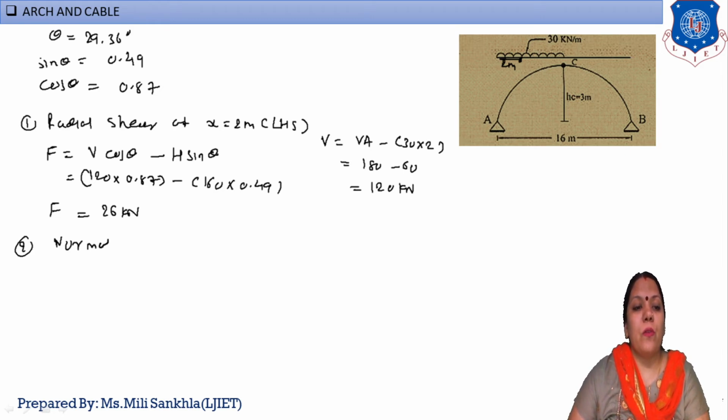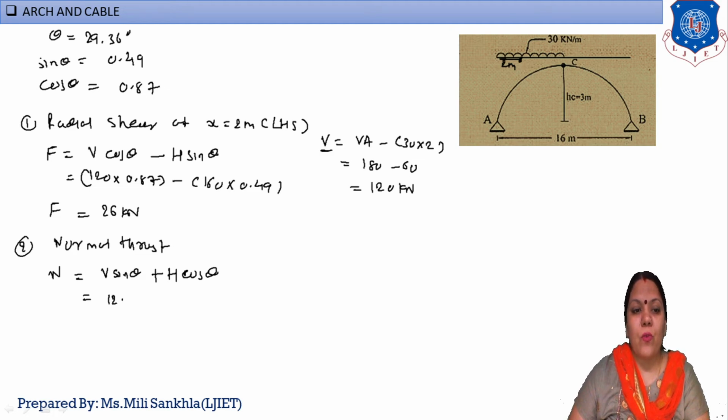Now next we find out normal thrust. Normal thrust N is equal to V sin theta plus H cos theta. Now V is this value. Put this value.